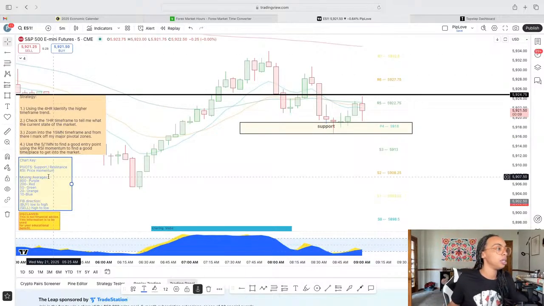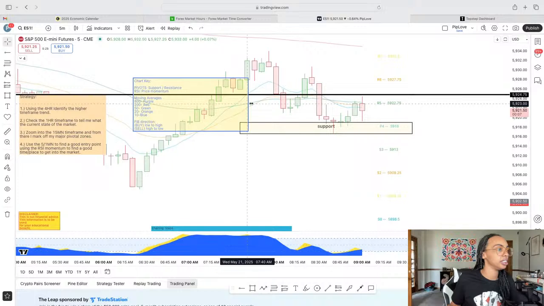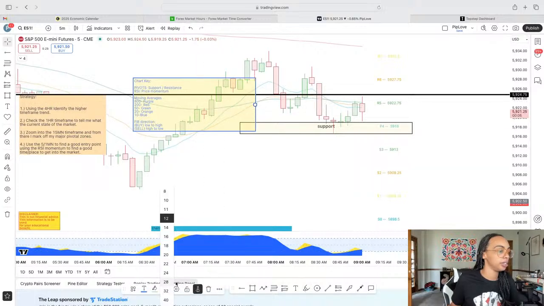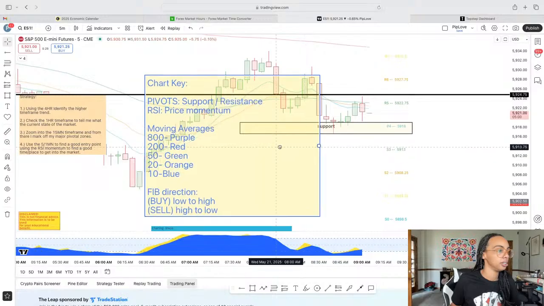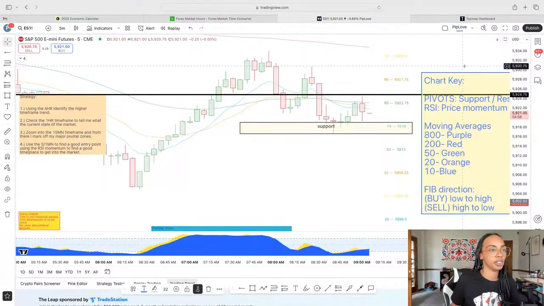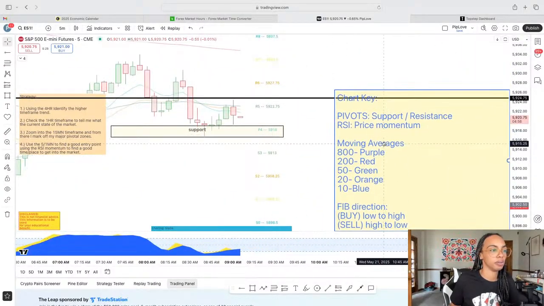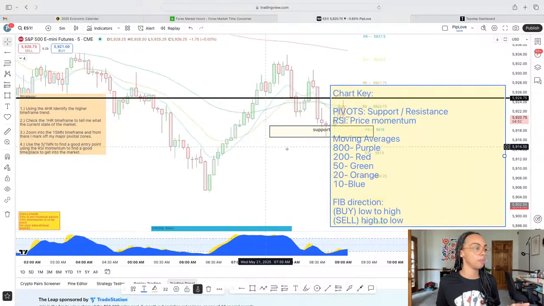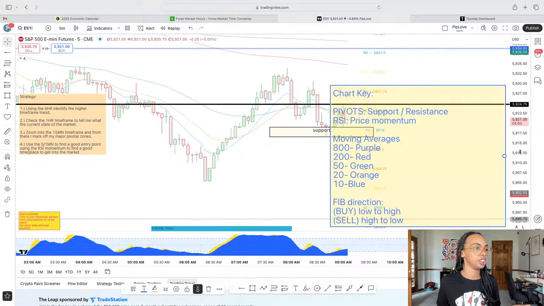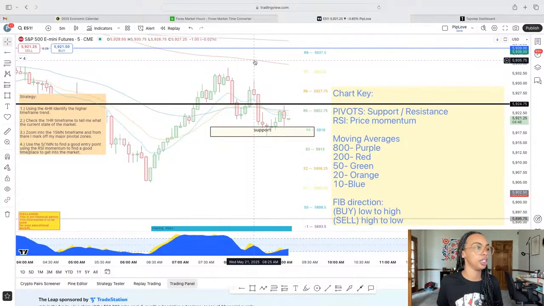So our moving averages, let me make this a little bigger. Good question. Thank you. Let's see if you can see it over here. All righty. So our 800 is this purple EMA. It's up here on our 5 minute. Then we have the 200 EMA.